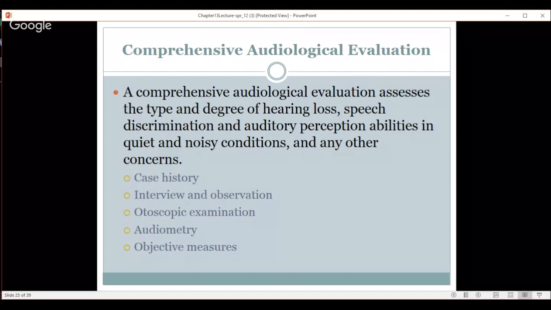And then other objective measures may also be used. Some of those would be tympanometry, otoacoustic emissions, evoked auditory potentials, might be used by the audiologist, and those are described more completely in your book on page 461.